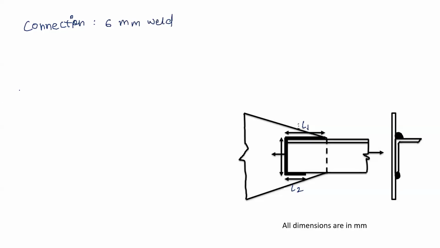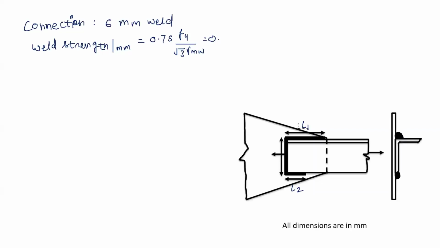So we have weld strength per millimeter, and that is equal to 0.7 S Fu upon root 3 gamma mw. Now substitute values.